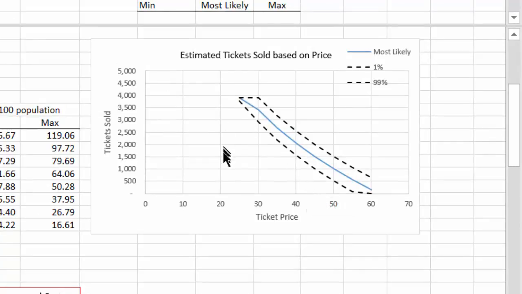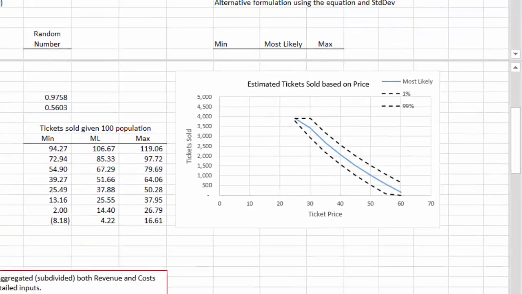So we'll notice that our P90 gets chopped off at the 3,900 because of the max tickets. And at the high price tickets, it gets chopped off at 0 because I can't sell negative tickets. Otherwise, we've got a nice confidence band here, and this represents the number of tickets sold relative to a population.